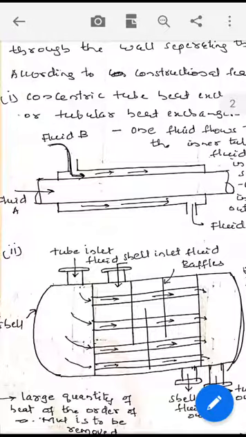In the figure is shown a concentric tube heat exchanger or a tubular heat exchanger. Here one fluid flows through the inner tube, while the other fluid flows through the annular space between the inner and the outer tube.